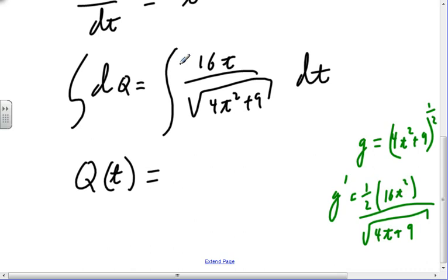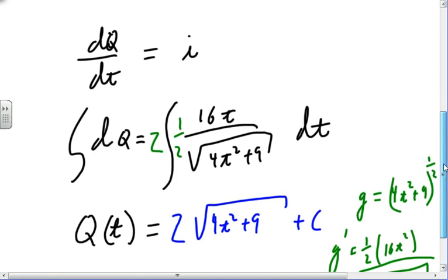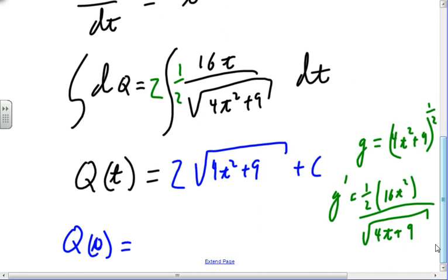So I need a 1/2 here, and I need a 2 out there. And when I get done doing that, this is going to be 2 times the square root of 4t squared plus 9 plus some constant c. Now, Q at time 0 has to be 15 coulombs.